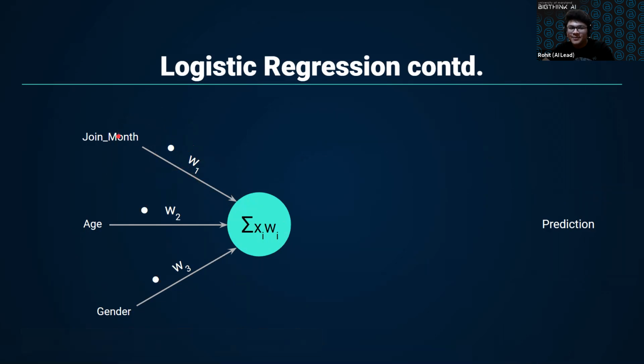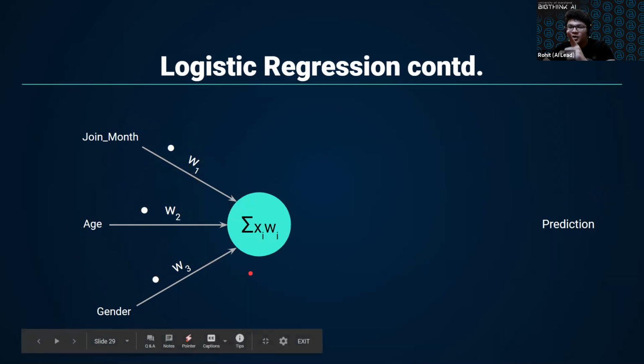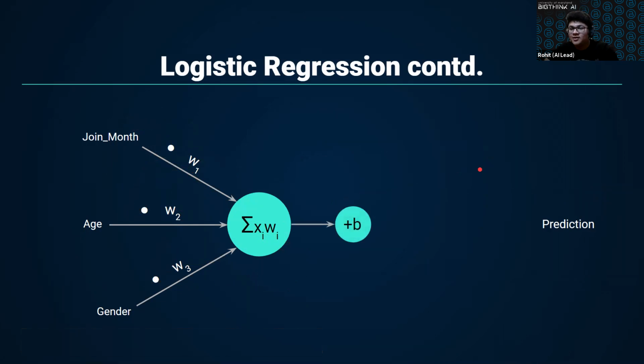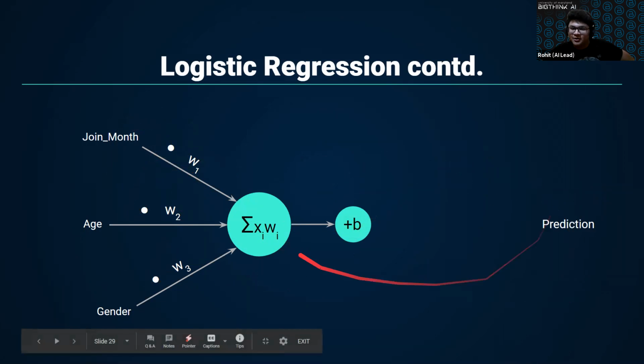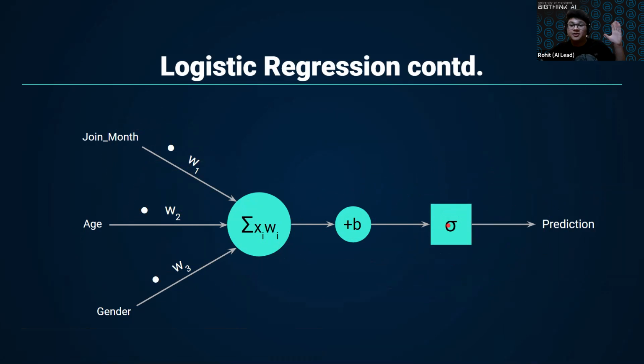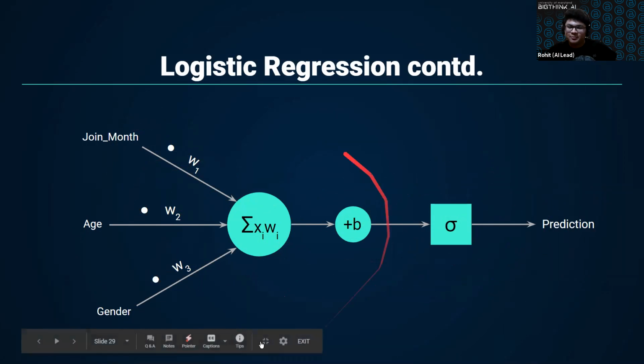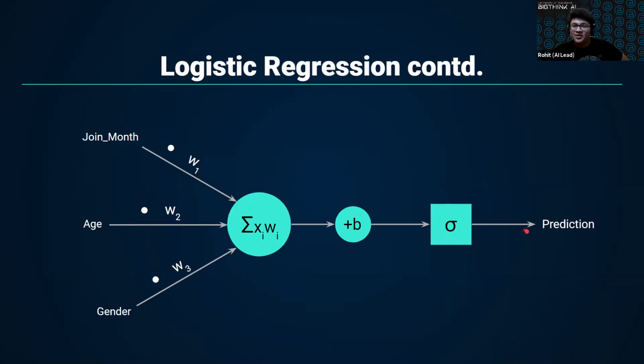We add up each of these products into one number at the end, and then we want another parameter that we can tweak over time as we mess up and learn again and again. And then we pass it through our sigmoid function to convert whatever real number there is into something between 0 and 1 that we can round up or down. At this point, we have made our prediction.